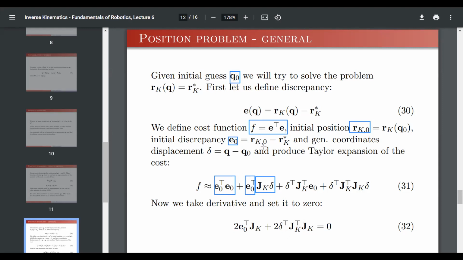Now we evaluate E, of course, at the point E0. J always will be evaluated at the point E0, and we multiply it. So we evaluate it, you can say, at the point Q minus Q0.